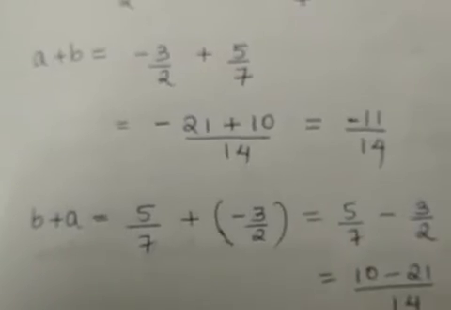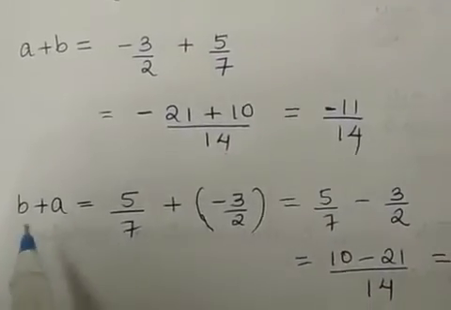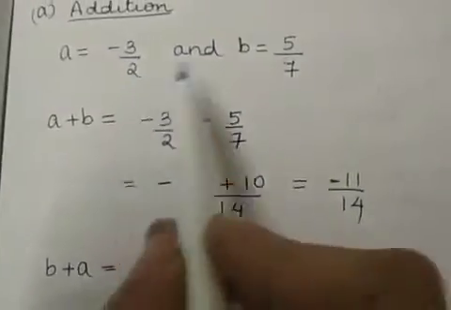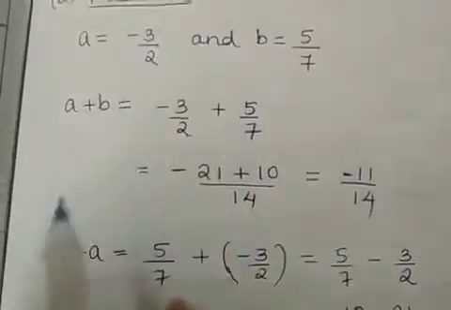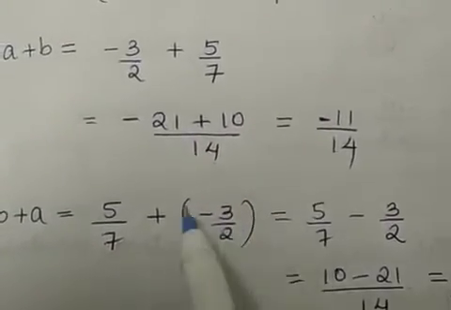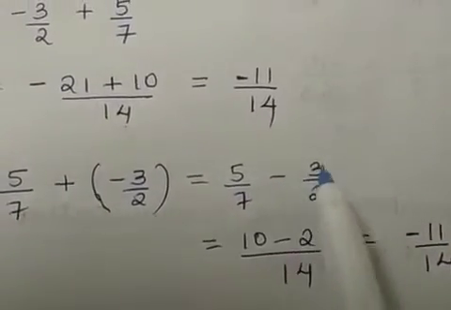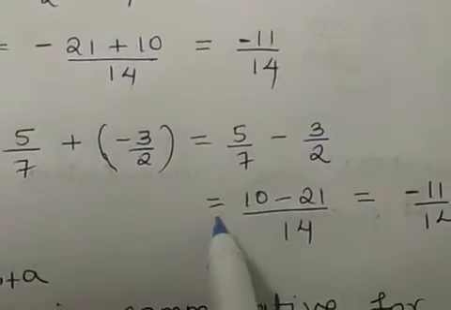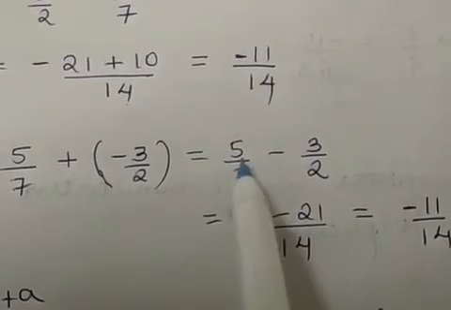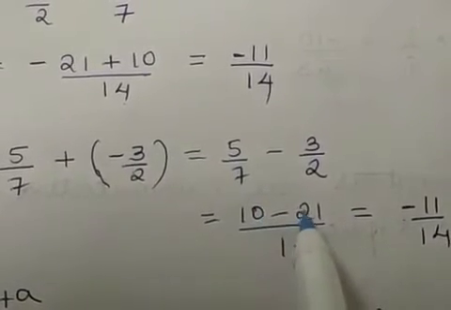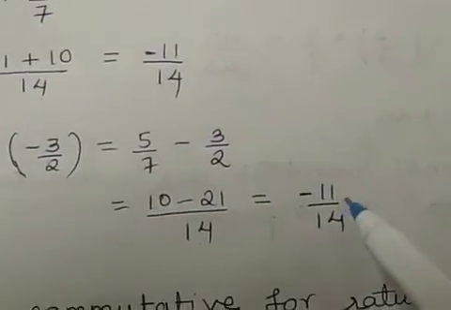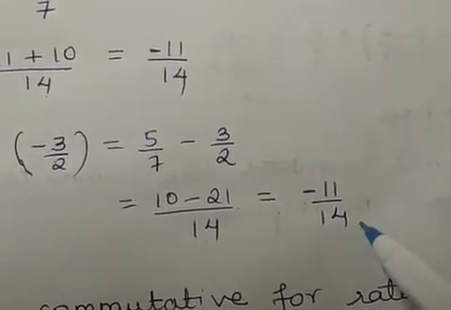Now we will take b plus a. b is 5 upon 7 and a is minus 3 upon 2. So I get 5 upon 7 minus 3 upon 2, and again the LCM is 14, so this is 10 minus 21 upon 14, which is minus 11 upon 14.